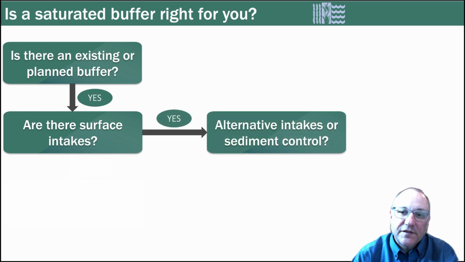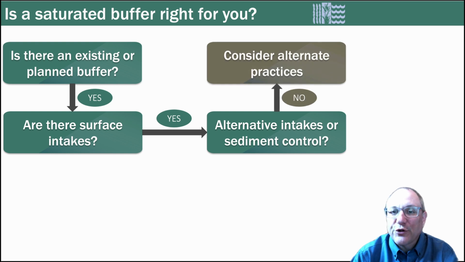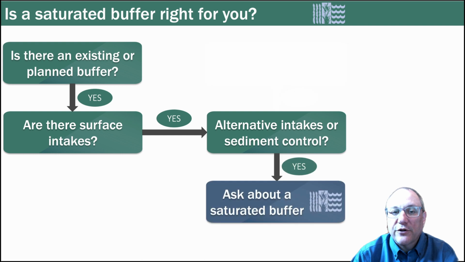If there are intakes, then willingness to use alternative intakes or other measures to control sediment should be considered to be able to protect the buffer distribution line from sedimentation. If the landowner is not willing to do that, then alternative practices are going to need to be considered. But if they're open to sediment control measures, then a saturated buffer can be considered.